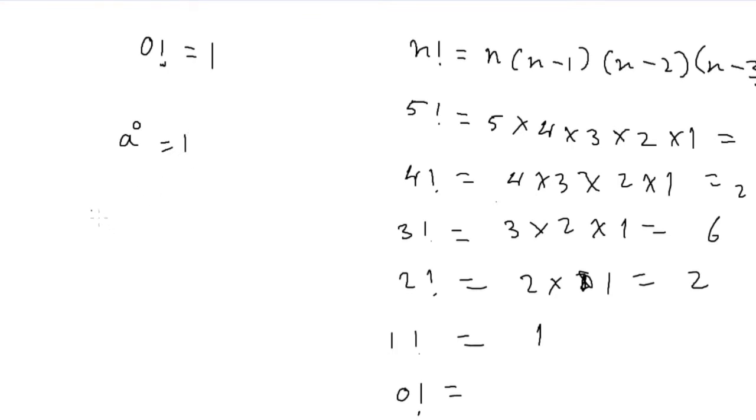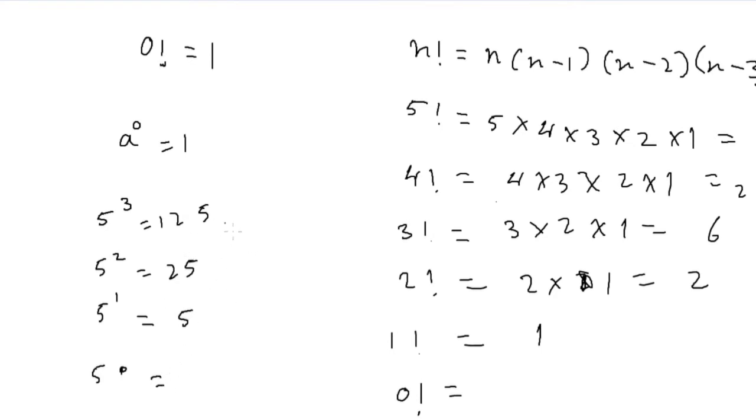So let's take for example 5 to the 3 equals 125. 5 to the 2 equals 25. 5 to the 1 equals 5. 5 to the 0. Now what does that equal?